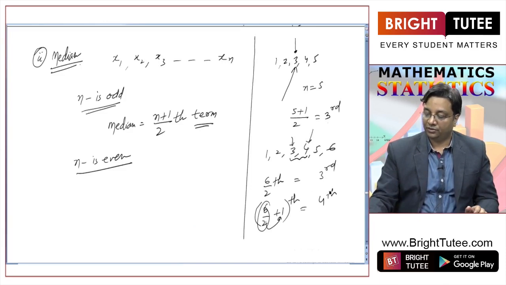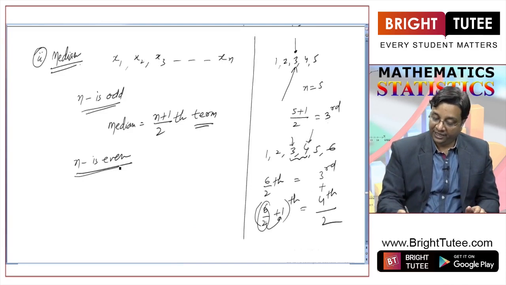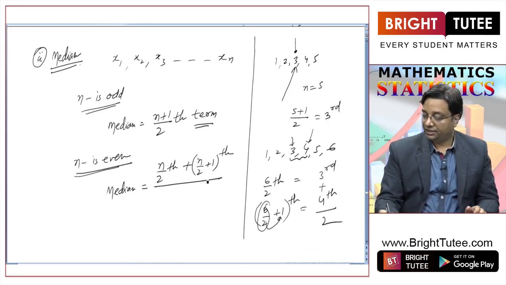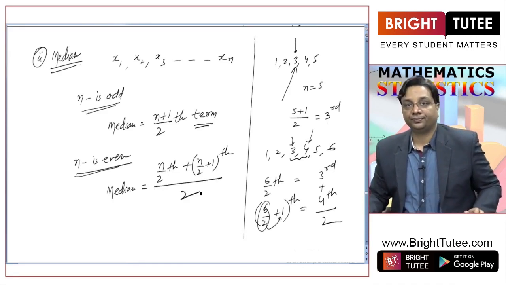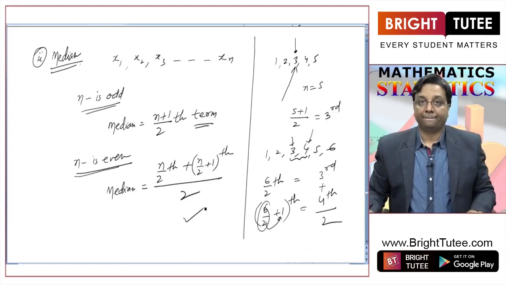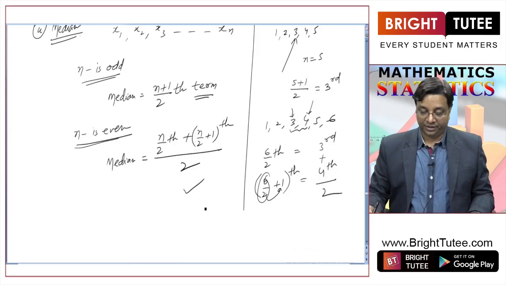Now we will take their average. So if n is even, then the median will be average of n by 2th observation plus n by 2 plus 1th observation, by 2. Okay, so this will be the median here.